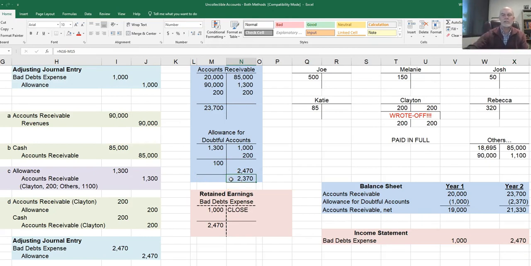And the end of year adjusting entry is always bad debt expense debit and credit the allowance account. And in that adjusting entry at the end of the year, that's the only time we touch bad debt expense.